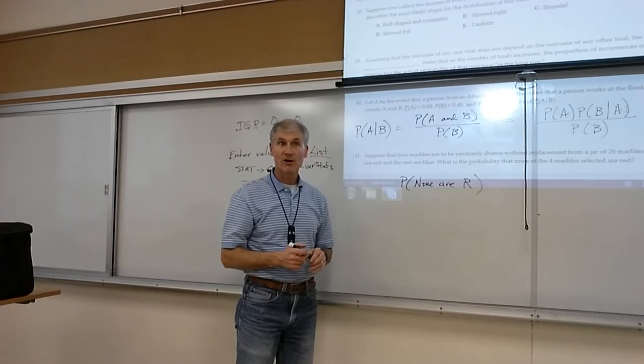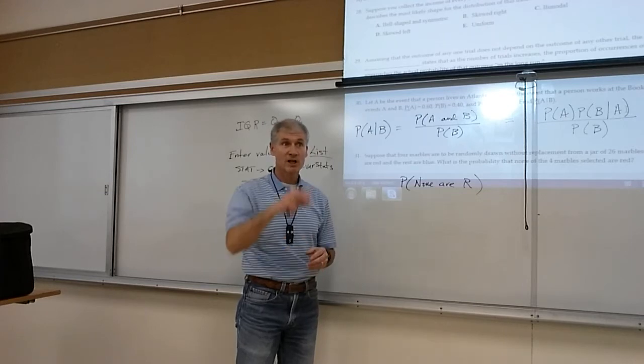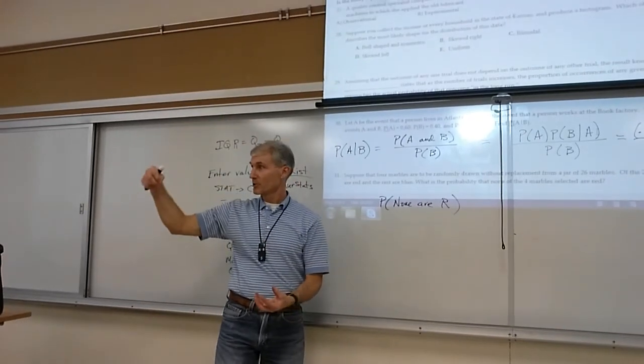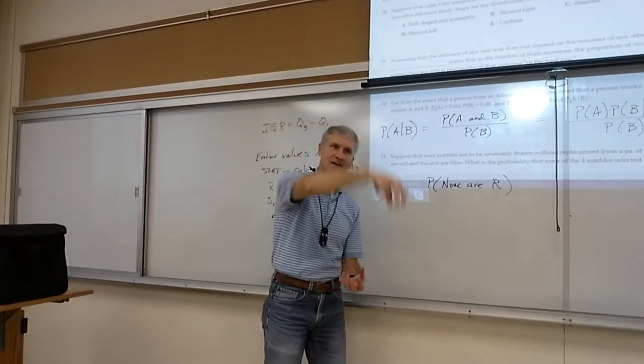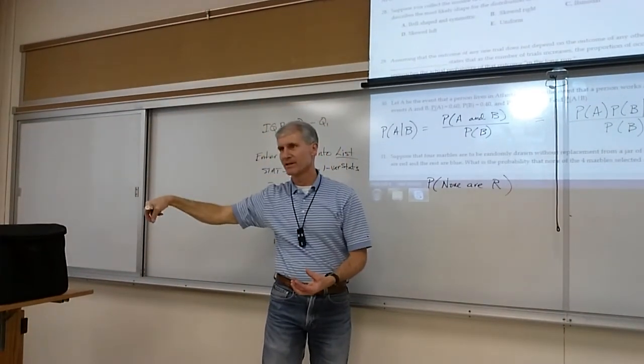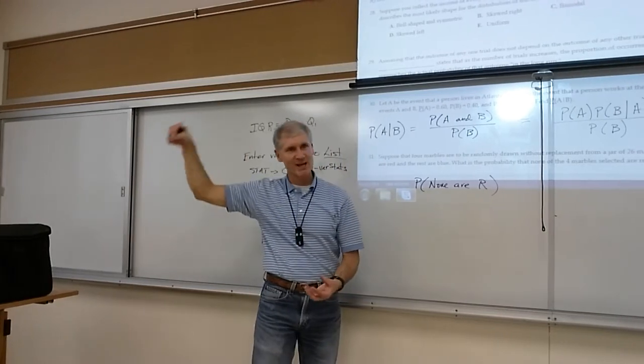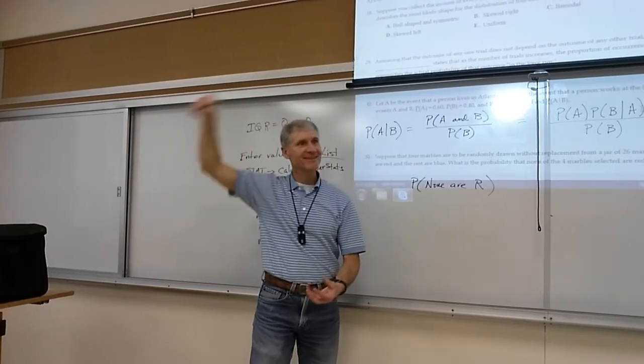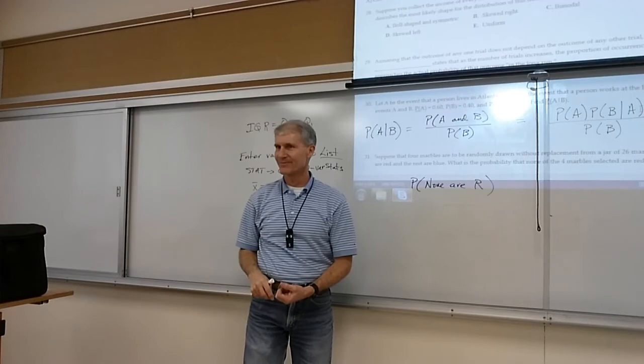It means they're all blue, which means I reach in, I pull out a blue one, and another blue one, and what word am I saying? And another blue one, right?